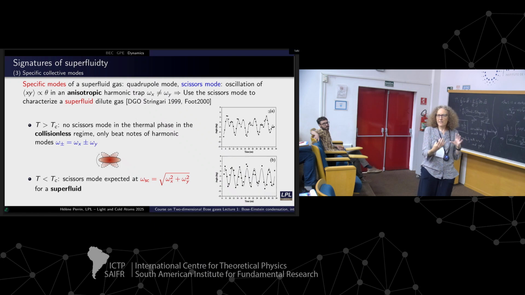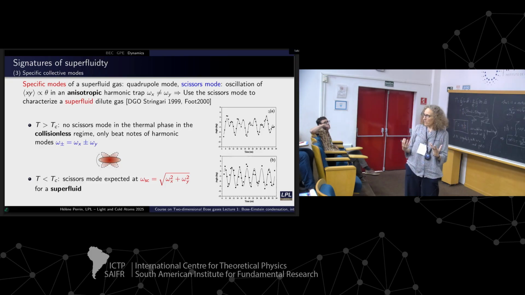If the gas is thermal, there is no real mode that corresponds to doing that. When you do that, you excite both the motion x squared and y squared. And they oscillate, but with different frequencies, because one is at omega x and the other one is at omega y. So there is a beat note between these frequencies. And if you look at the main axis, it does strange things.